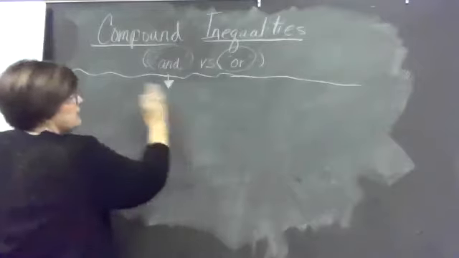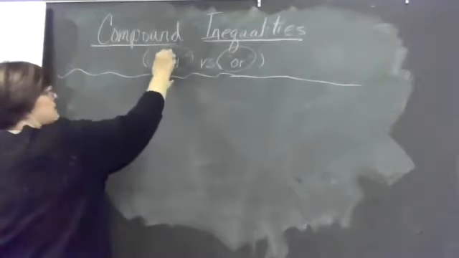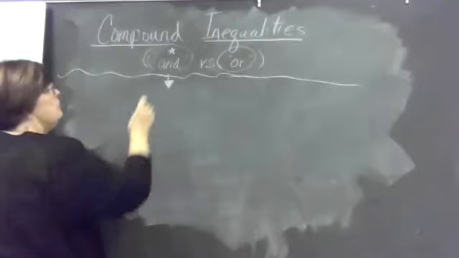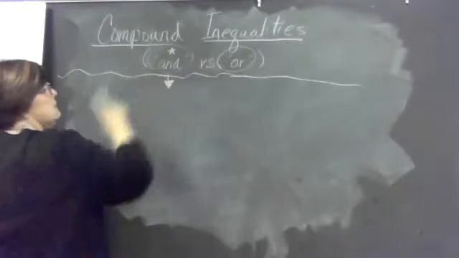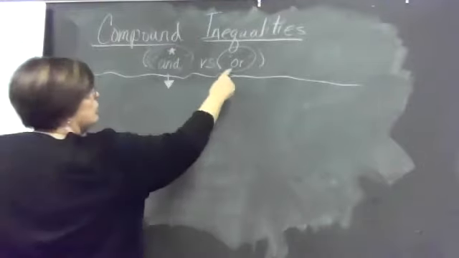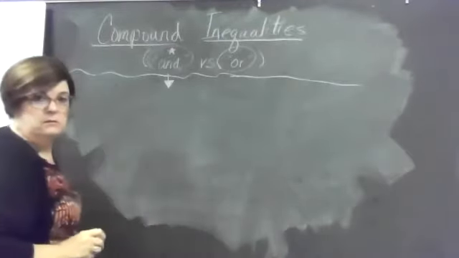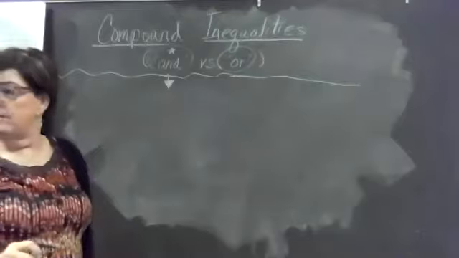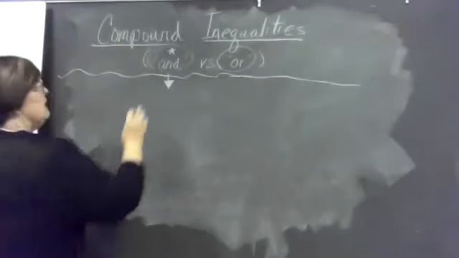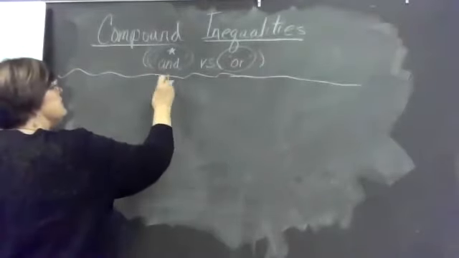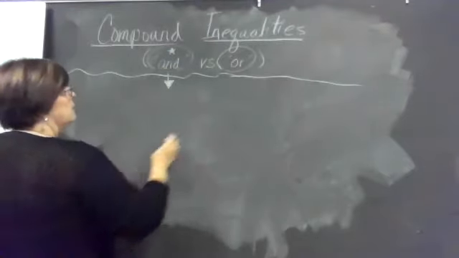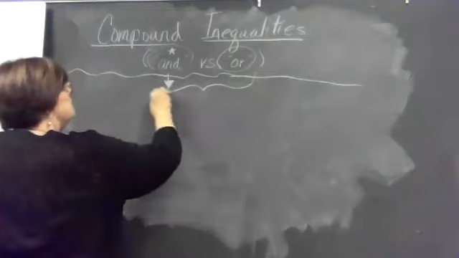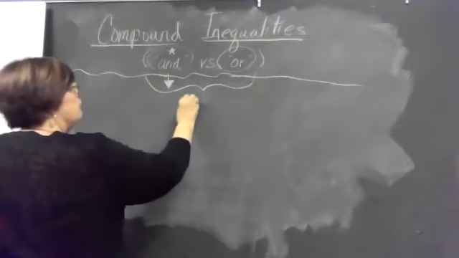If they don't have any word, it's and. They will always write the word or. Now, when you see an and, this mostly applies to graphing. These tell us how to graph.